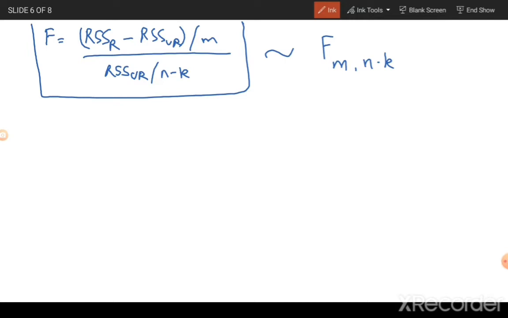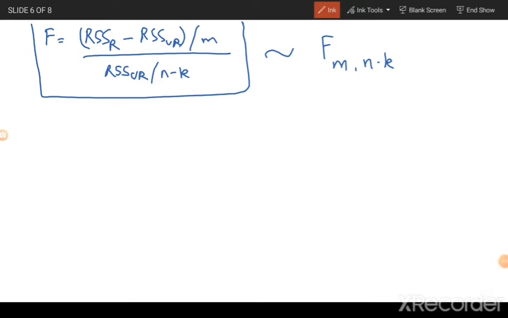On the other hand, if your F statistic does not fall in the rejection region or the critical region, that means your F statistic is insignificant. That would mean that your null hypothesis is accepted, or that the linear restriction is satisfied in this model.